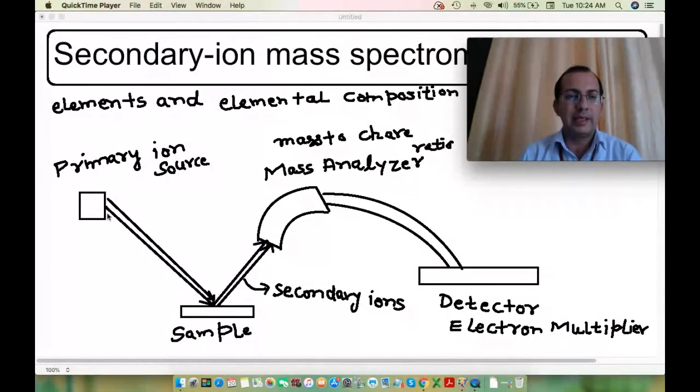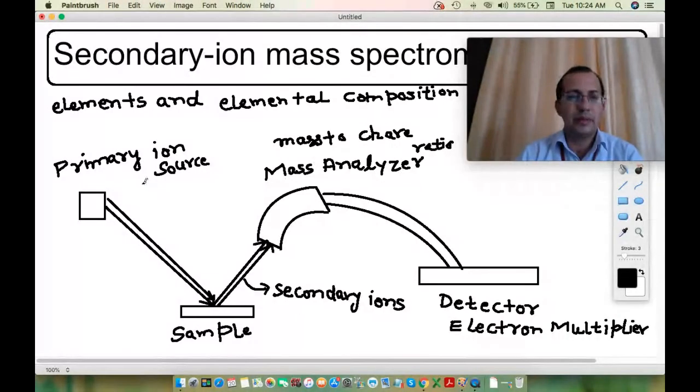These ions can vary depending on the requirement. For example, you can have cesium ions, you can have O2 ions, or any heavy ions which can sputter the material from the sample surface.